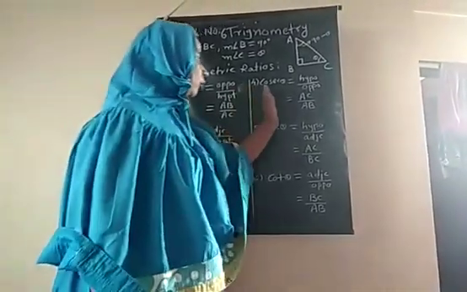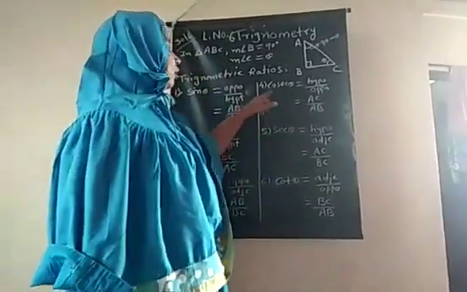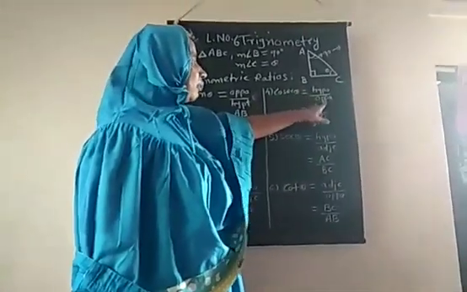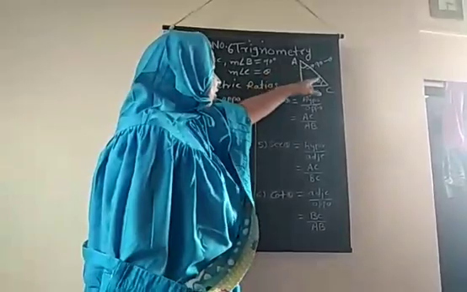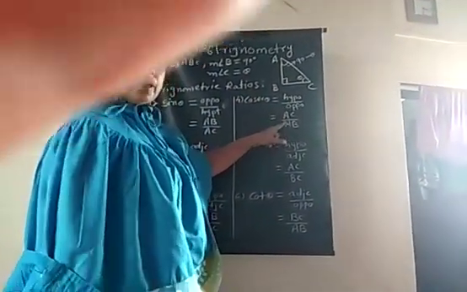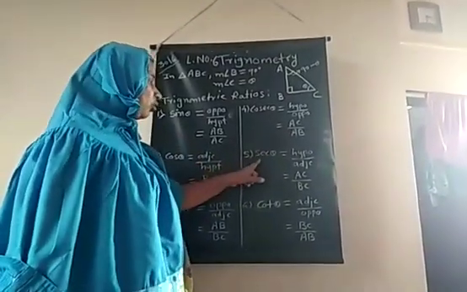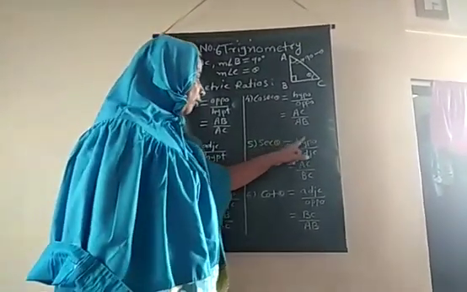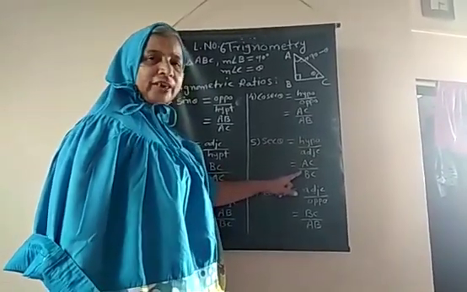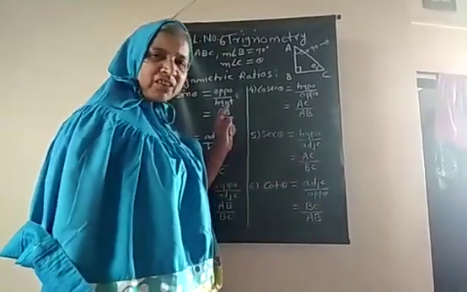Now three more ratios are there. Cosec theta, ratio is hypotenuse upon opposite. Hypotenuse is AC and opposite side of theta is AB, so AC upon AB. Next ratio, sec theta. Ratio is hypotenuse upon adjacent side. Hypotenuse is AC, adjacent side is BC, ratio is AC upon BC.